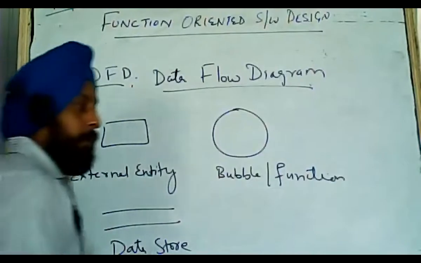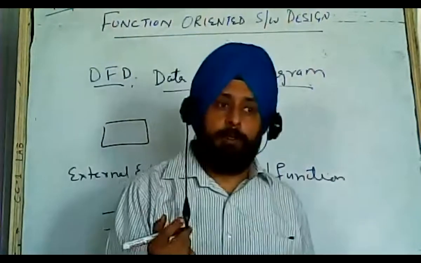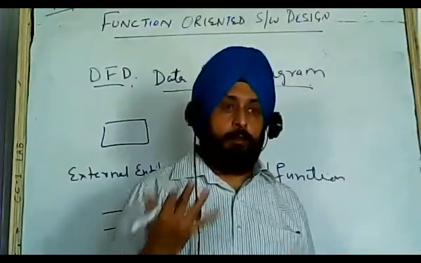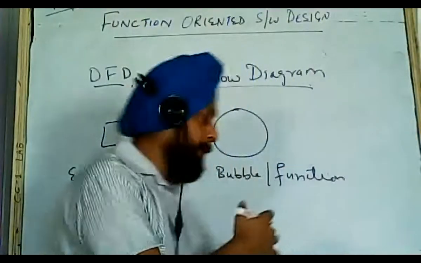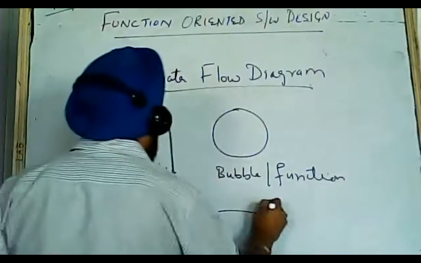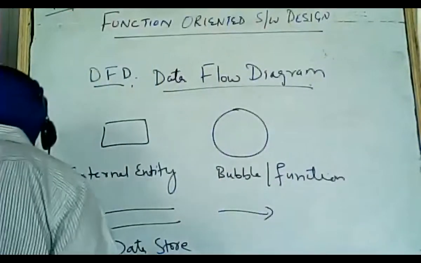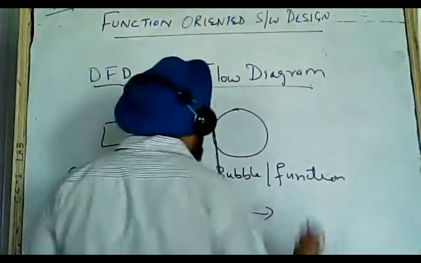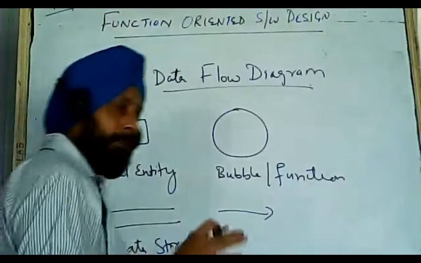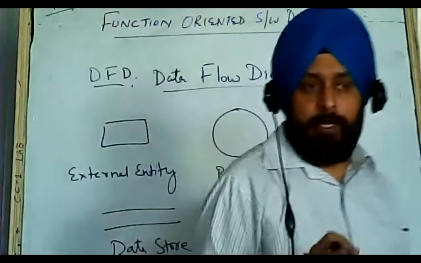If the data is being stored, meaning saved, and after saving we have to bring out data for our process, it has to be represented with the help of the data store. And this is the arrow. Some other symbols we will do afterwards, but the main symbols are these. These four will be frequently used in your DFD diagram.